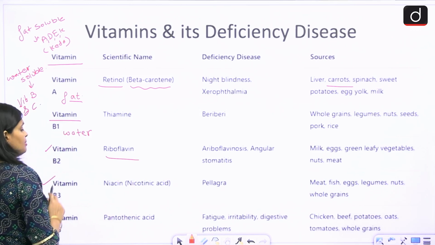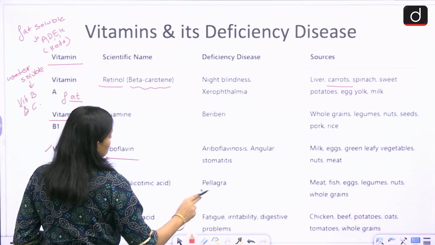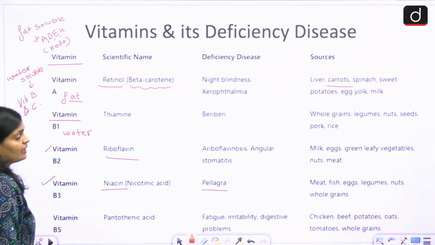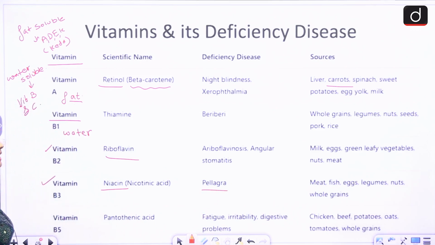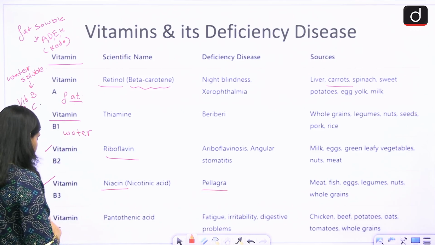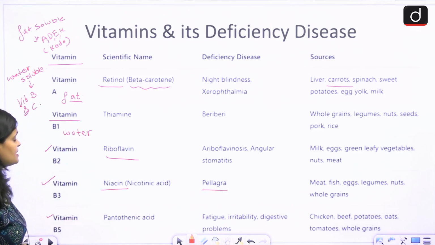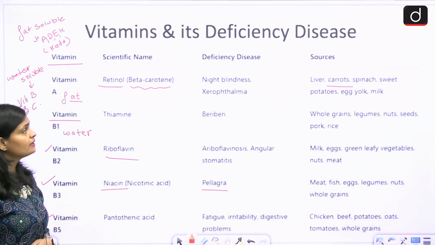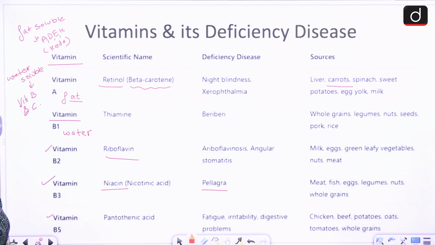Then we have vitamin B3, scientific name niacin, and deficiency causes pellagra. Vitamin B5 is pantothenic acid, and the deficiency causes fatigue and digestive problems, right?